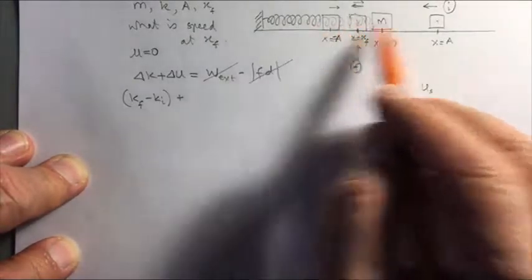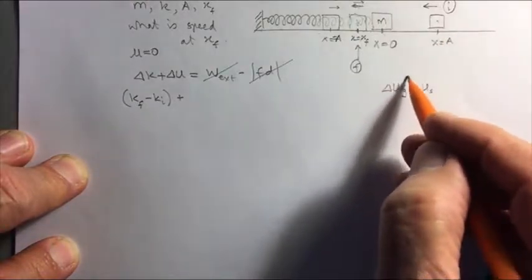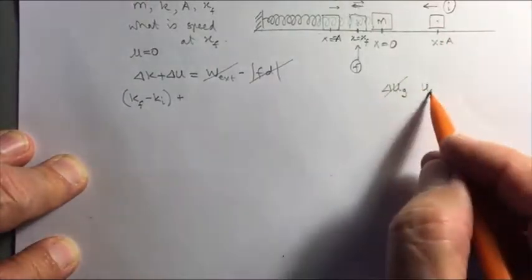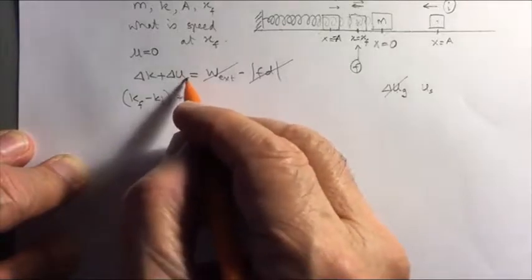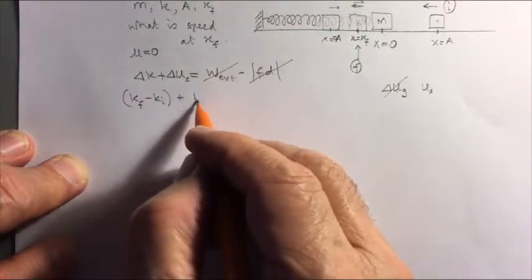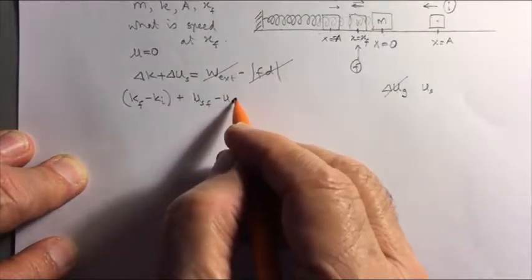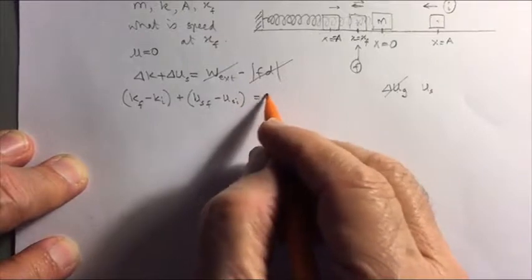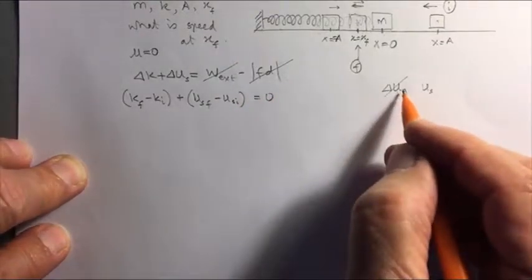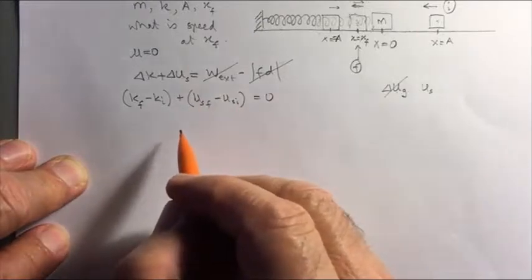There's no change in the y direction, and therefore delta U g is 0, and the only one we have is delta U s, and so that's going to be U spring final minus U spring initial, and the U gravitational is 0 in both places.